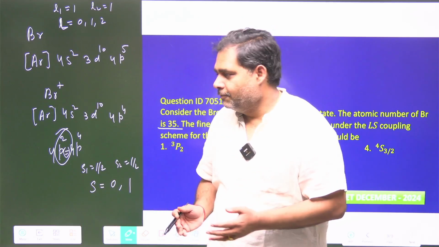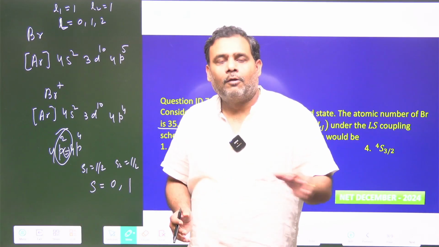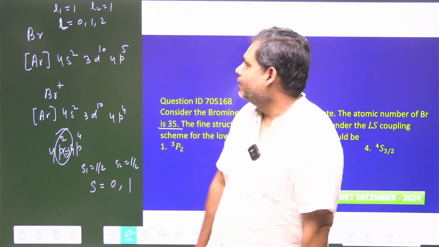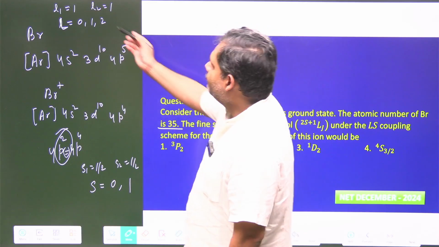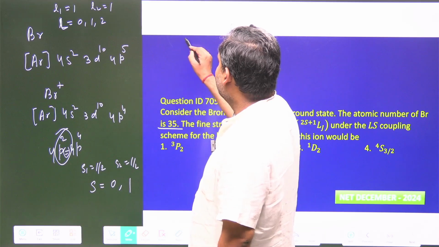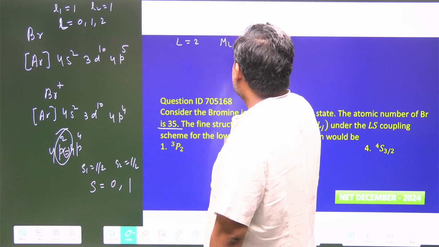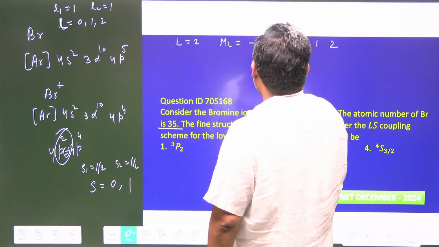In the Pauli scheme, what we will do? We will write the configuration, write all the compositions for the magnetic moment, the combined magnetic moment. So, what are these particular magnetic moments? For L is equal to 2, ML is equal to -2, -1, 0, 1 and 2.